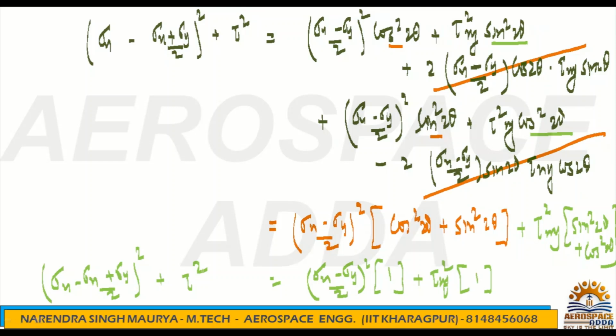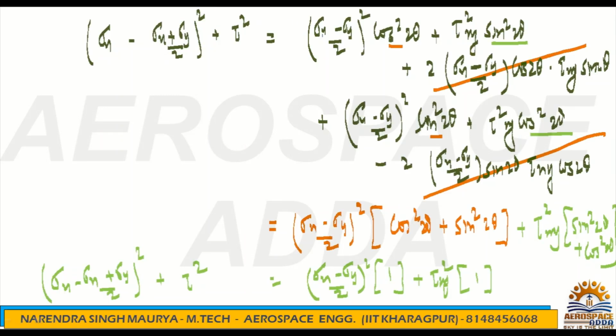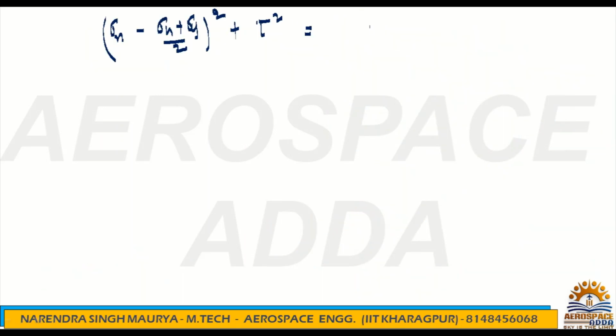Yeah. Coming to the next step, you have to segregate. You can write (σn − (σx + σy)/2) whole square plus τ² is equal to ((σx − σy)/2) whole square plus τxy² value you will get.